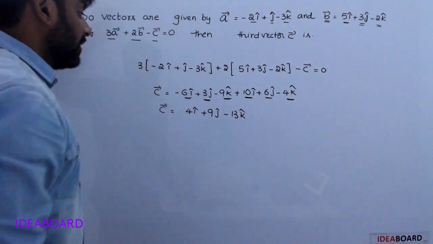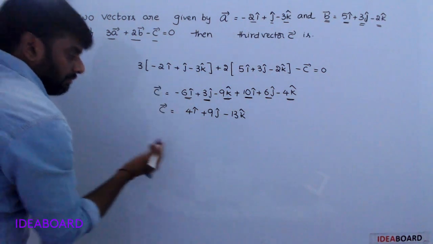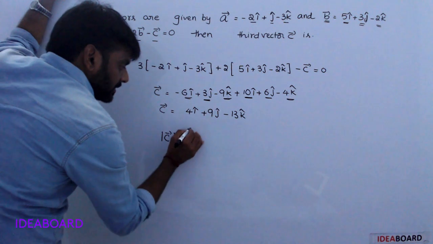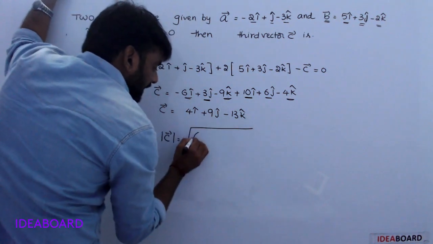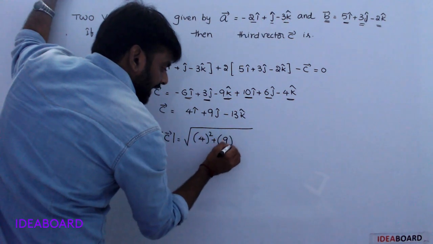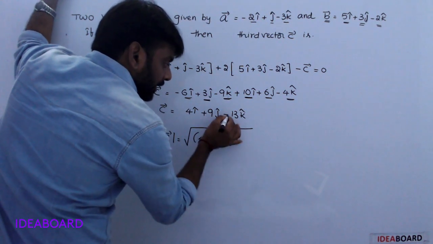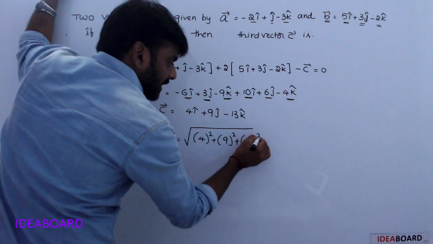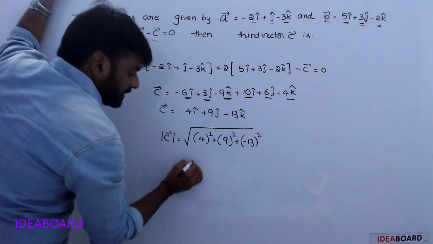That is the addition. What about its magnitude? Magnitude, mod of c bar, equals square root of 4 whole square plus 9 whole square plus, don't take the minus here, the minus is taken only inside the bracket, minus 13 whole square.